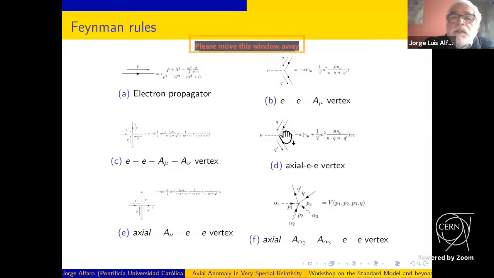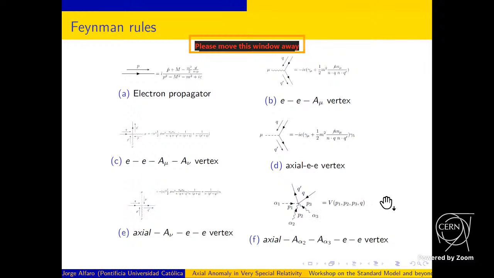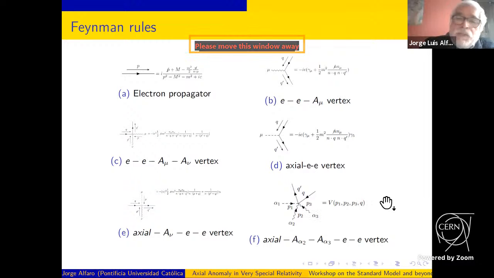There is the one corresponding to the gamma phi insertion into the current, and so it's exactly this one, but times gamma phi, and so on. So as I said, there are an infinite number of them. I just wrote the ones that we need for the one loop computation of the anomaly.